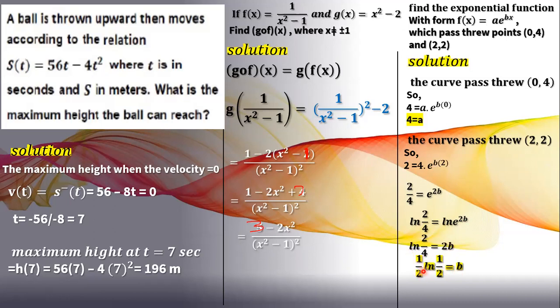So b equals 1 over 2 ln of 1 over 2. So we directly substitute in this form a by 4 and b by half ln half. So f of x equals 4e power ln half x.